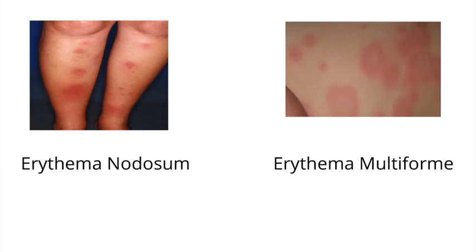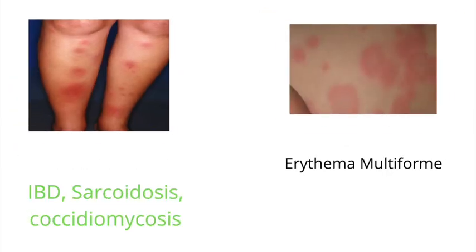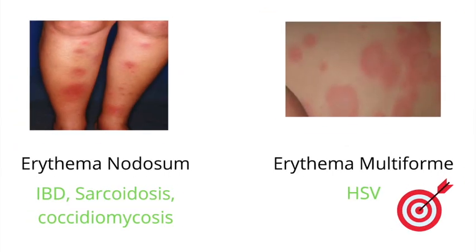The high yield fact is that these two skin conditions have very high yield associations. Let's take a look at what they are. Erythema nodosum is associated with inflammatory bowel disease, sarcoidosis, penicillins, sulfonamides, and even oral contraceptives. However, erythema multiforme is associated with herpes simplex virus, extremely high yield.